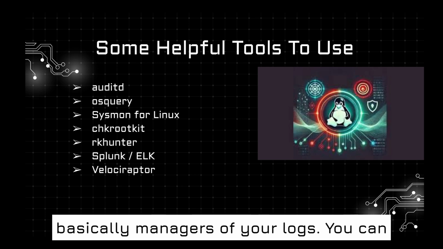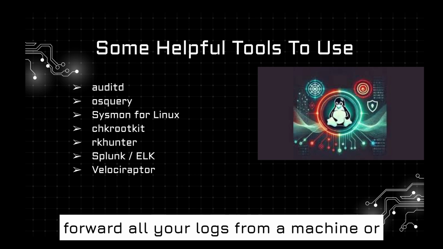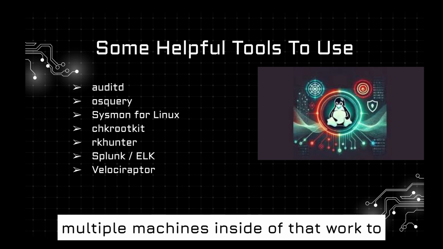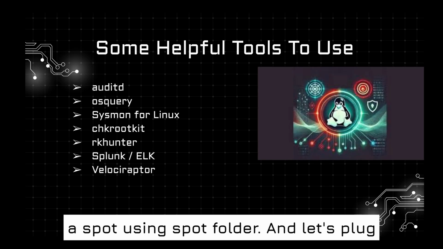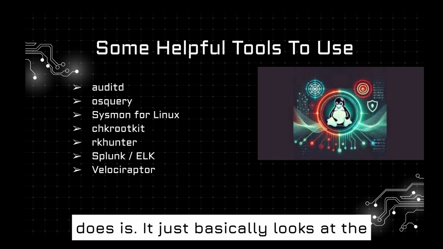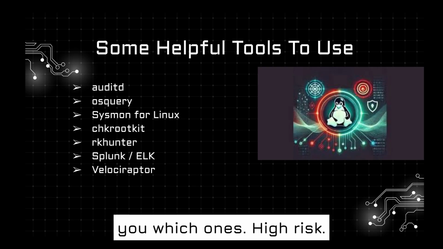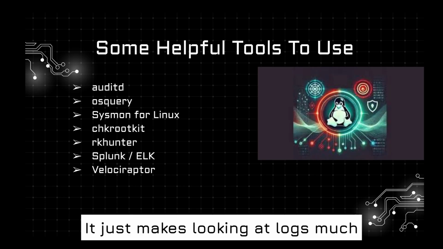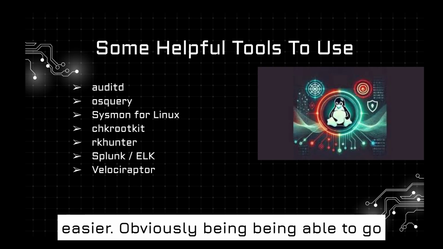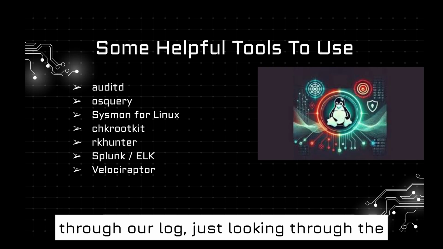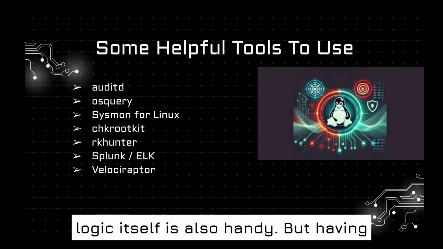You can forward all your logs from a machine, or multiple machines inside a network, to Splunk using Splunk forwarders. What Splunk does is look at the logs and catalog them. It can even tell you which ones are high risk, and it makes looking at logs much easier. Obviously, going through /var/log and looking through the logs yourself is also handy.